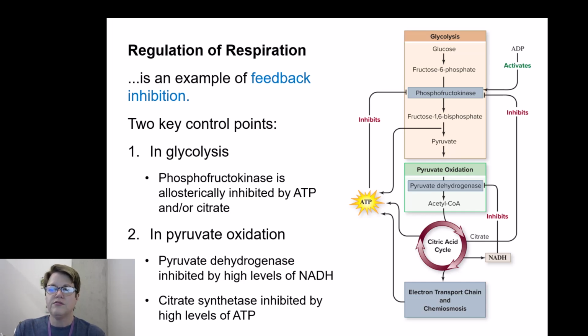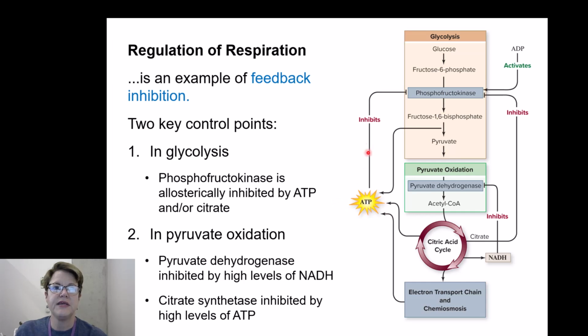But rather than memorizing them specifically, what we want to look at is that ATP actually acts as an inhibitor. ATP is the product of cellular respiration, the energy currency that the cell is building from ADP and phosphate using the energy from the bonds of organic compounds.